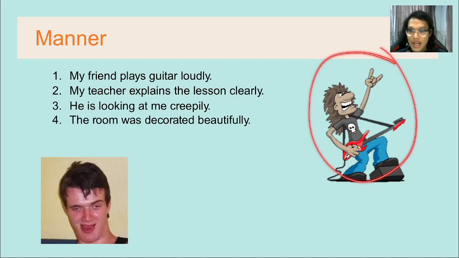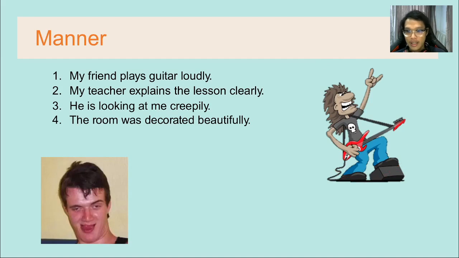The crazy guy is playing a guitar, and he seemed to play it very loudly. Loudly means very loud. My teacher explained the lesson clearly. He is looking at me creepily. Look at the pictures, the meme, and you will see the way he looks. The way he is looking at us is very unusual.